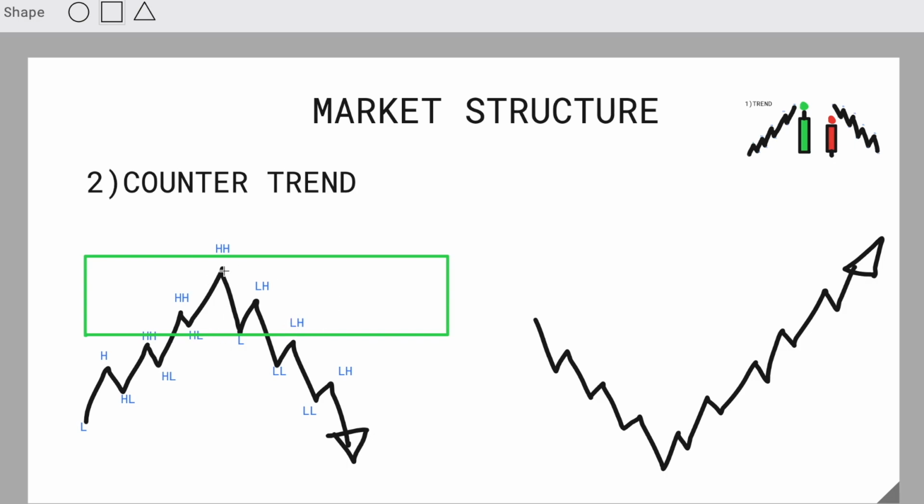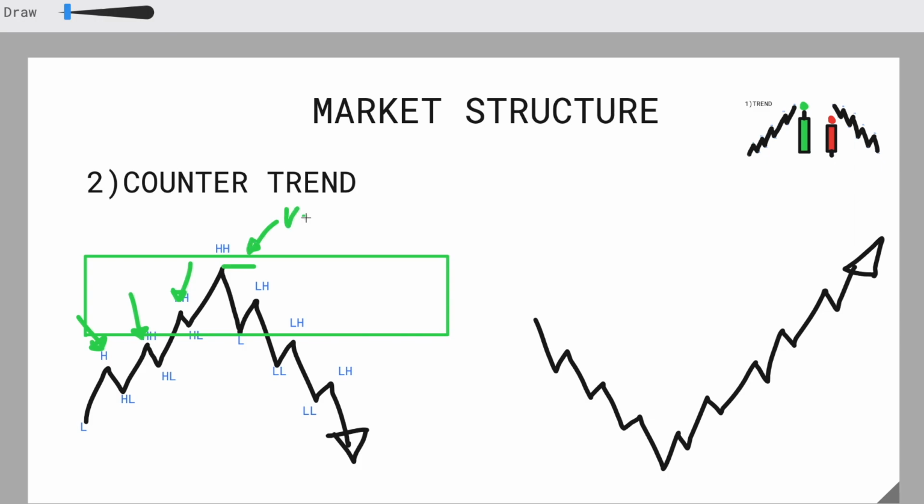So what price does? Price fails to break this area. And what you guys need to understand, right? On top of this higher high, there is liquidity, which means there is money. And if most of the money is already taken out, then price can shift to the downside. And how do we identify if there's money on top? We look at volume.